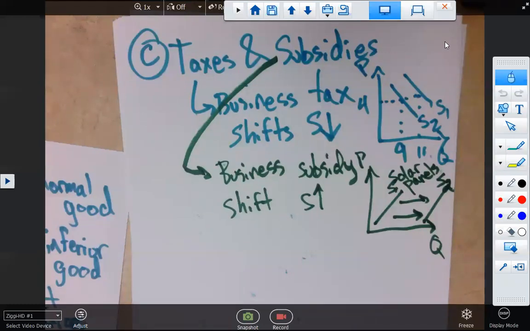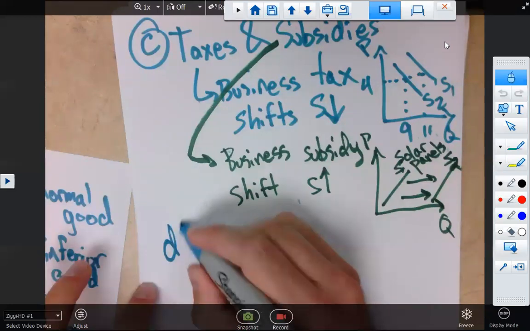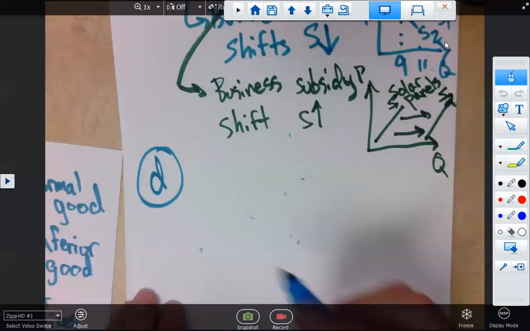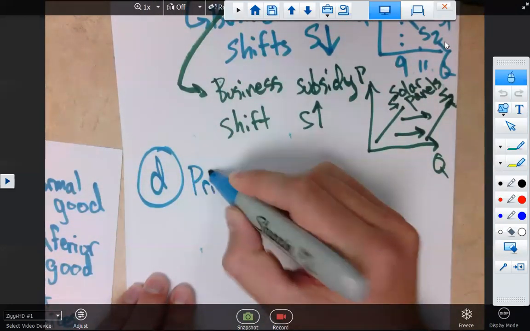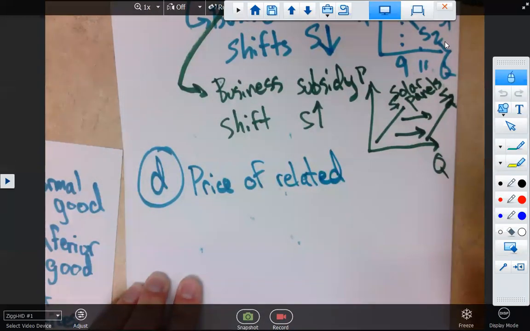So what about the price of related goods? The price of related goods doesn't just affect demand, it affects supply as well. This is probably the hardest one.